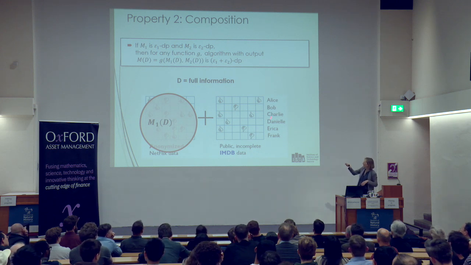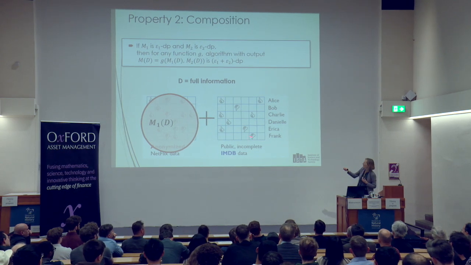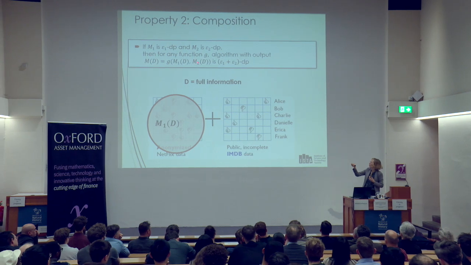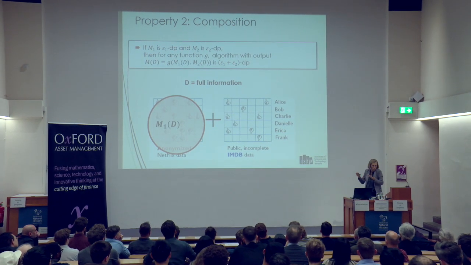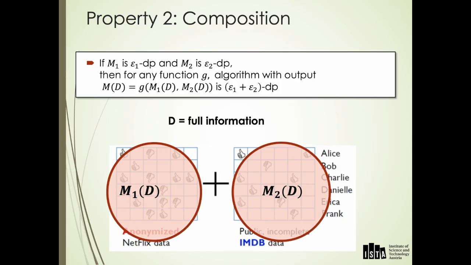Now, the second one is the public internet movie database, and the users might not write about all the movies they have seen. So this might be, again, just some incomplete set of the true D, and that's just disclosed. That's also a mechanism. It just writes down whatever it gets. Again, not at all private. So you have a second mechanism with epsilon being infinite. Okay, so now not surprising that the combination of the two is, again, no privacy.